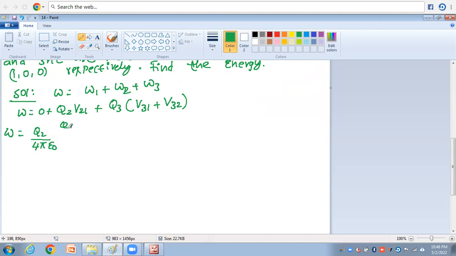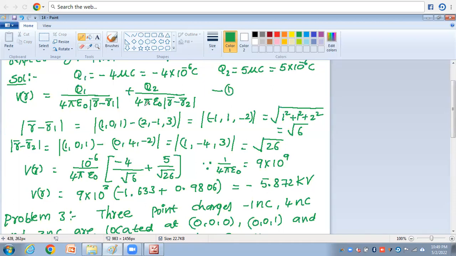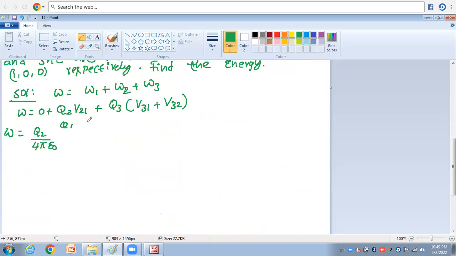Now the resultant Q1, already Q2 is there, now Q2 into Q1 by 4 pi epsilon naught, 0, 0, 1. Because of this V21, already I have written this one, V21 is equal to Q1 by 4 pi epsilon naught taken common, then take one bracket here, 1, 0, 0.